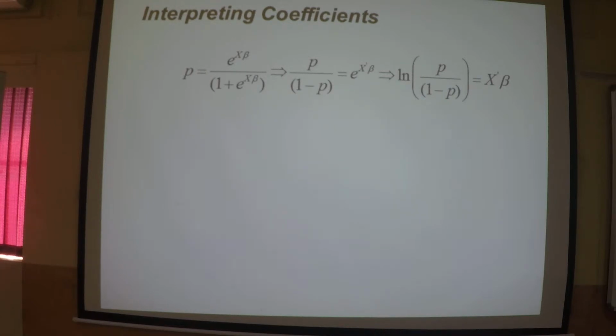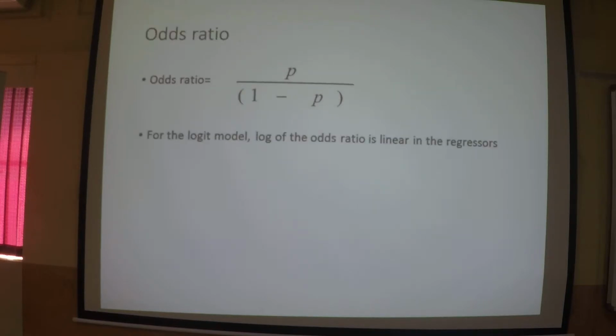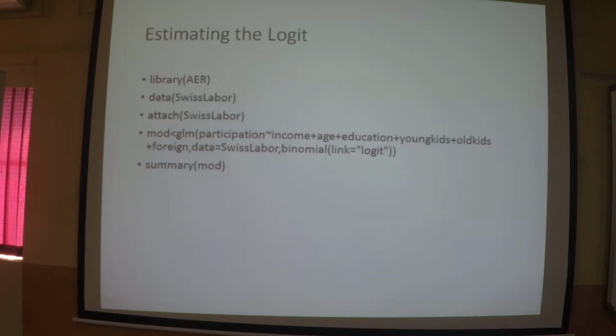Everyone understands the logic of maximum likelihood. So p is equal to e raised to x beta upon 1 plus e raised to x beta, which implies p upon 1 minus p is e raised to x dash beta, which implies the log of p upon 1 minus p is x dash beta, which is the log odds ratio. For the logit model, the log of the odds ratio is linear in the regressors.